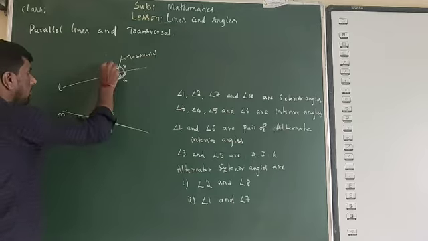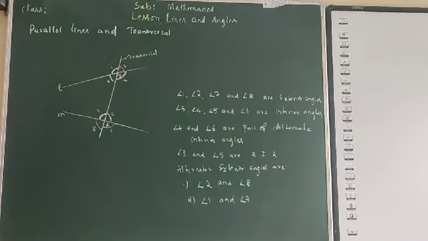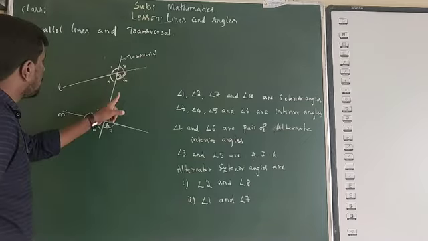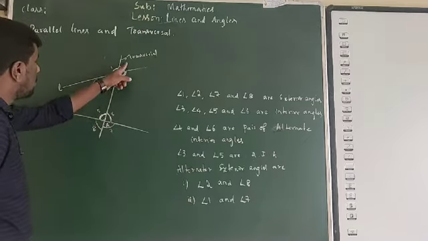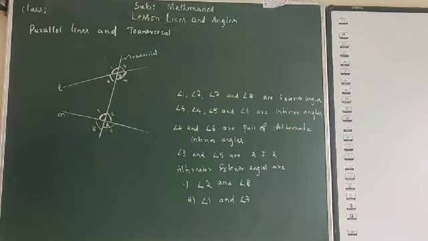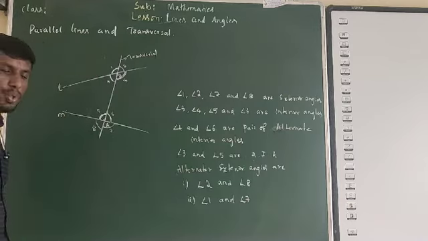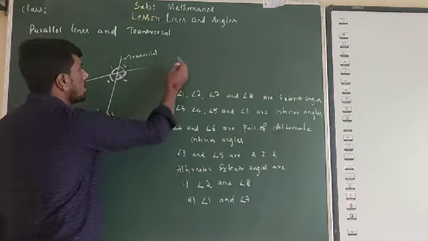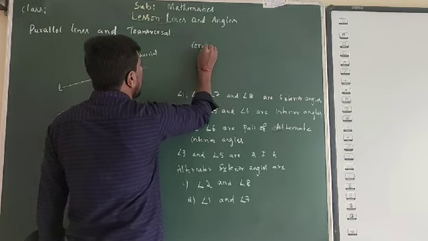This is 1 and 5, as well as 2 and 6. You already know that these are corresponding angles.